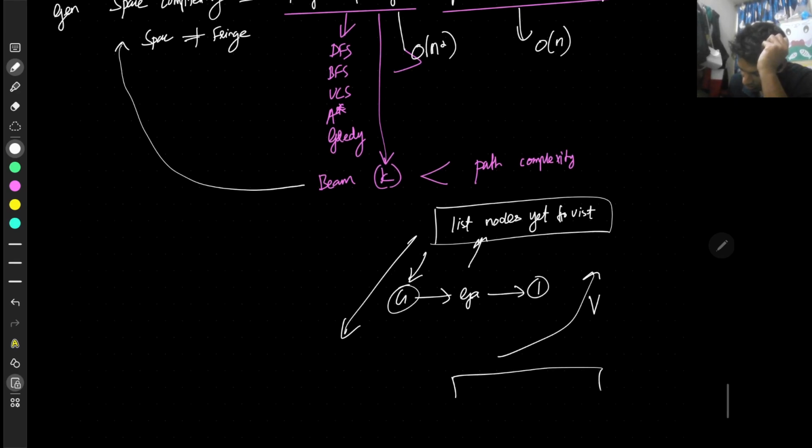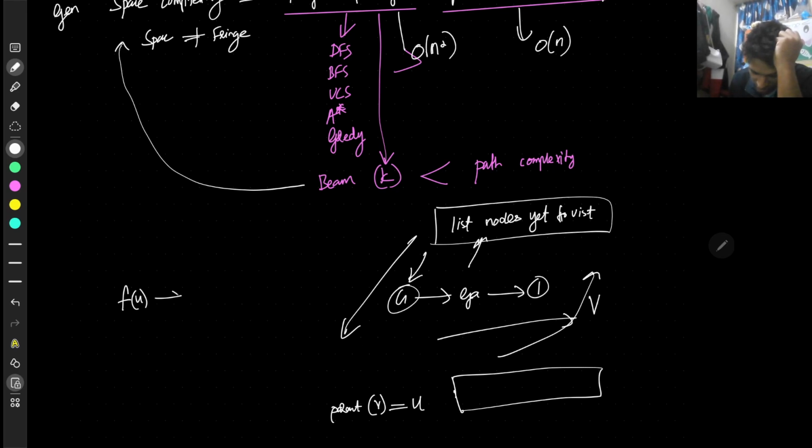I will update another data structure saying parent of v is something that I popped earlier, something that generated v. I got v from u, so I'll do parent of v equal to u. This is the successor generating function.